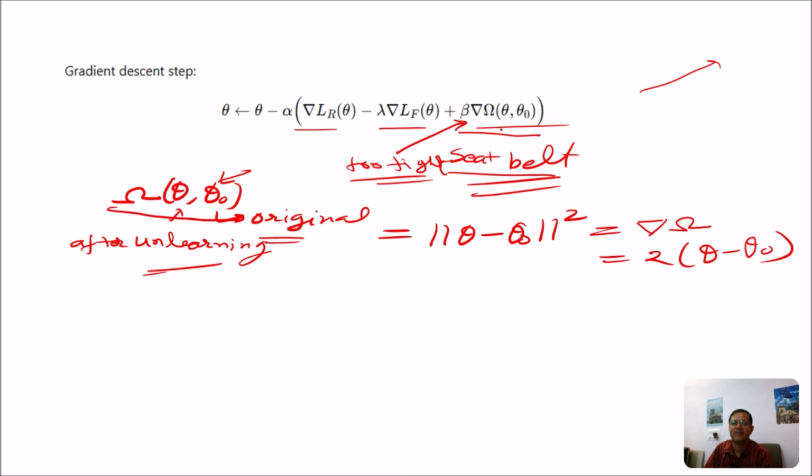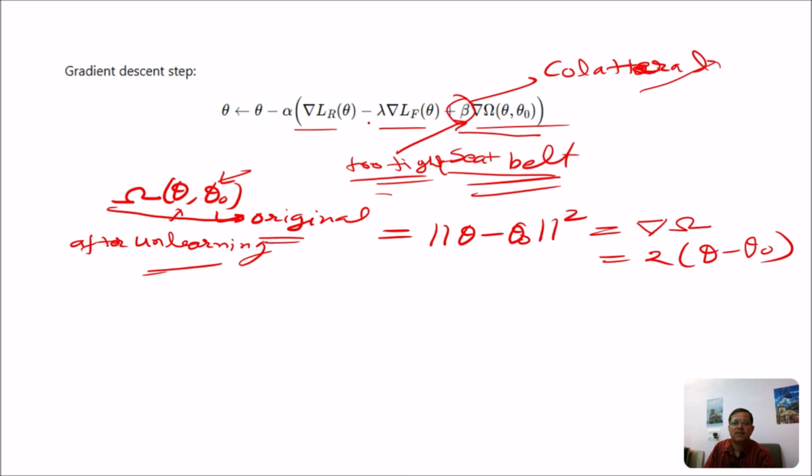It will not go anywhere. And if it is too loose, then the model will go in some other direction. Then after forgetting, your model will be some other model than the previous model. So the role of this is very important. This actually prevents the model from collateral damage.